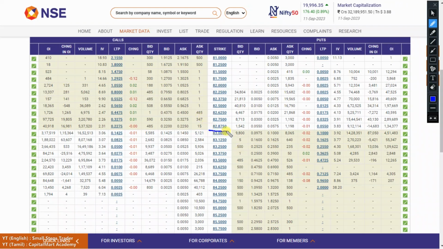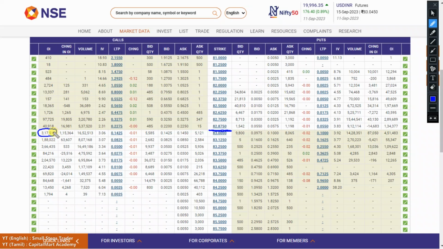It is here now. Whether it will close between 83 and 83.12, we will see from the call open interest. If you see the call open interest, yes, it may close at this level because the open interest is very high here.